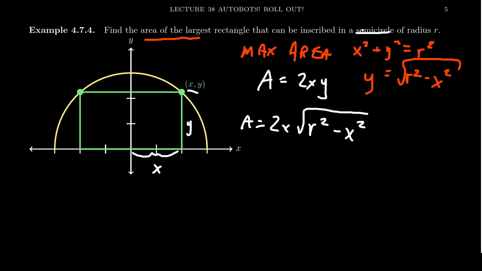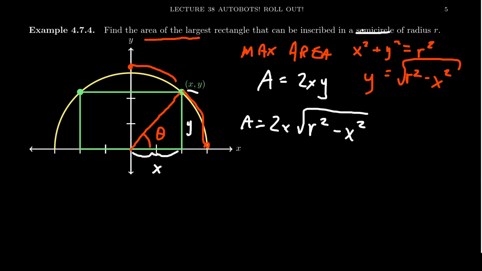I want to provide an alternative approach that one could take. And this one actually utilizes a little trigonometry. What if we, instead of using x and y, think of the angle theta formed between the x-axis and this point, which is a vertex of the rectangle? Well, then as the angle fluctuates, this point could move all the way up to here, or it could move all the way down to here.